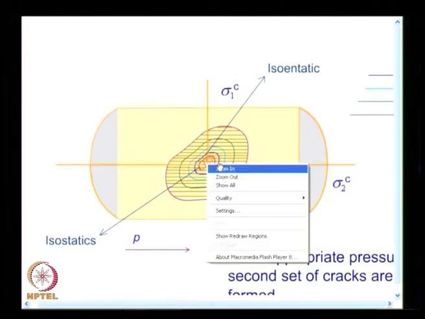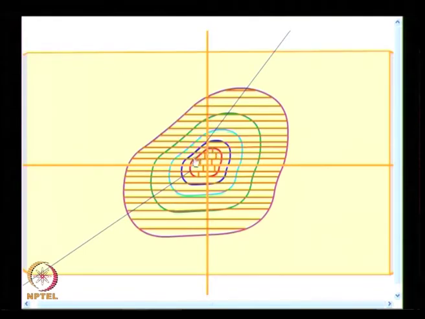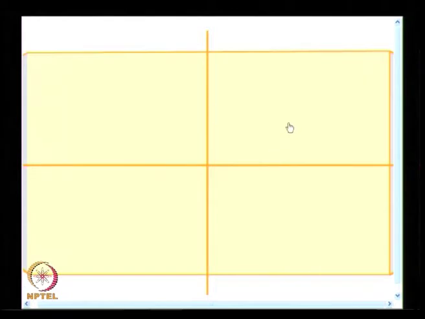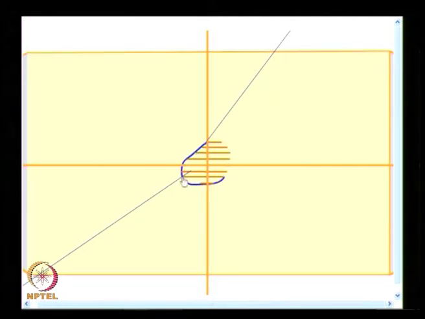So, I have this second set of cracks formed at a particular value of pressure, and these are all the ways that you get the cracks formed. Then you have the isostatics drawn, and the experiment proceeds like this. For another pressure you have this, and you draw the isostatics, and so on.